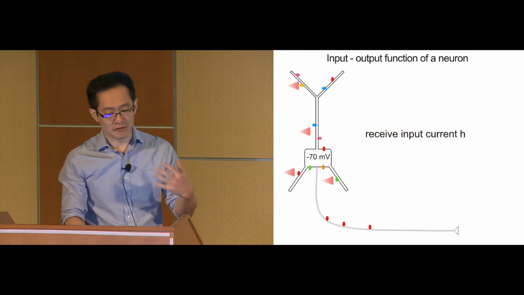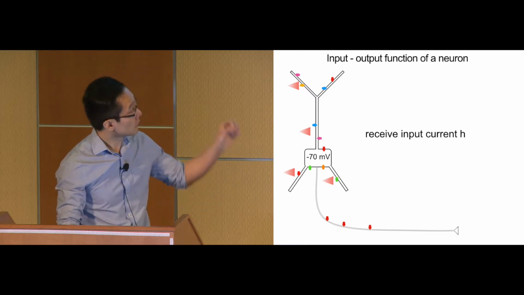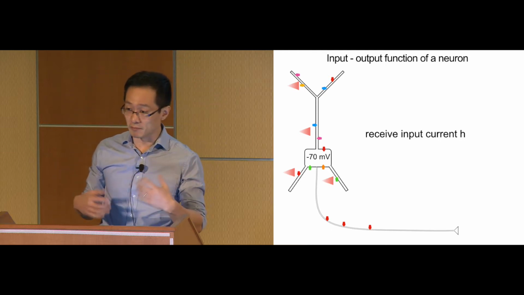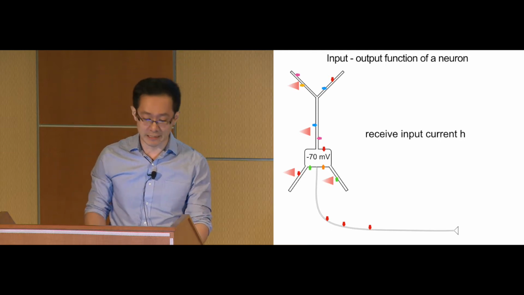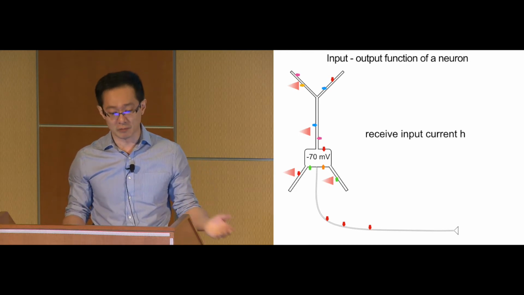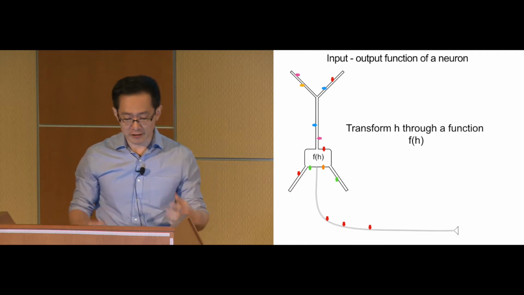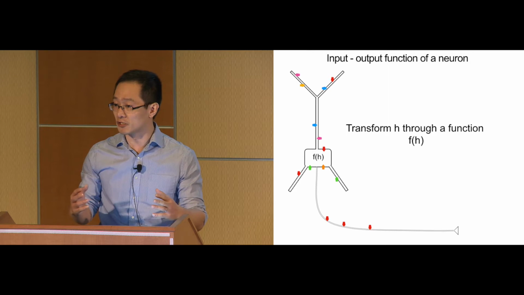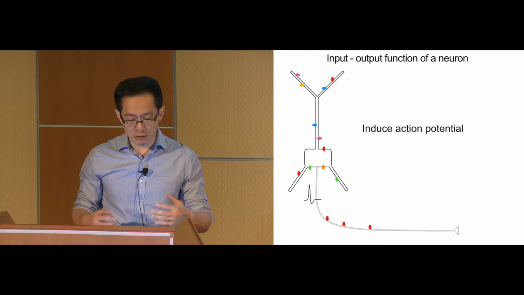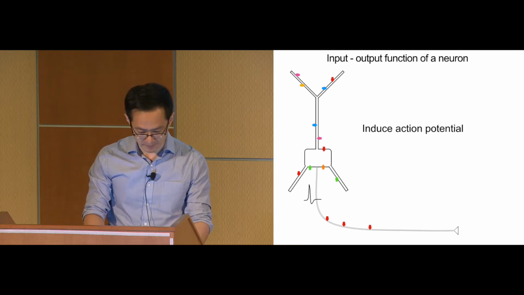So the input-output function of a neuron can be understood like this. On the dendrites, a neuron receives neurotransmitter release from the presynaptic neuron. This neurotransmitter opens ion channels and allows current to go into the dendrites. This current is transformed through a function, and that function can eventually induce an action potential in the axon of the neuron.